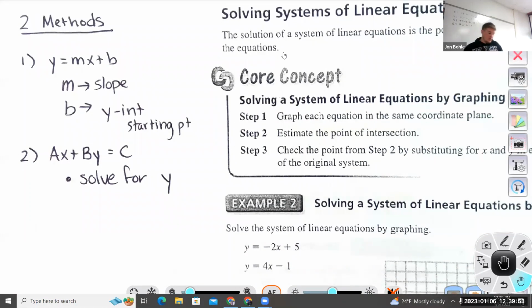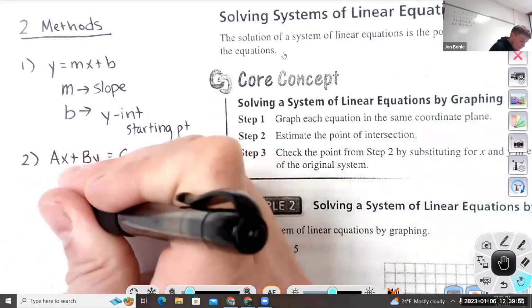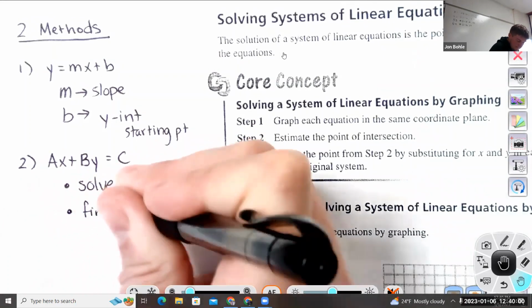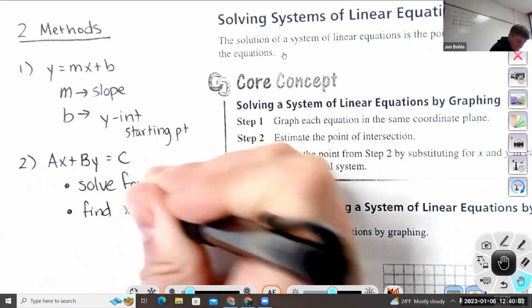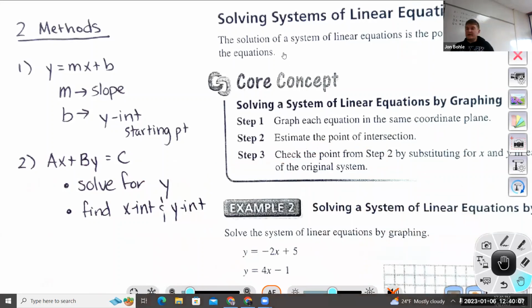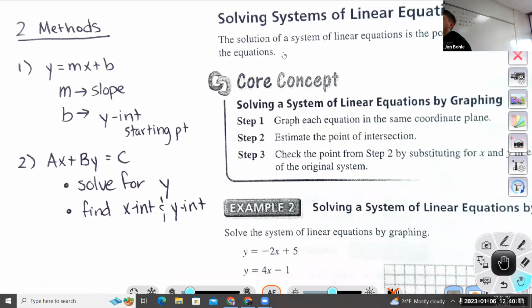Okay, and sometimes that's beneficial. Okay, method 2 is to find the x-intercept and the y-intercept. So it's kind of like 3 options, but like number 2 just has 2 different routes you can go. Okay, and I will show you all of these options today in 2 examples.